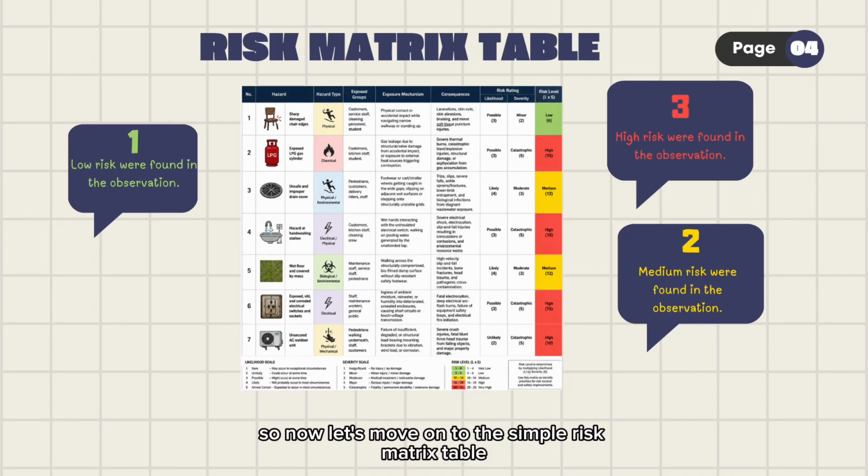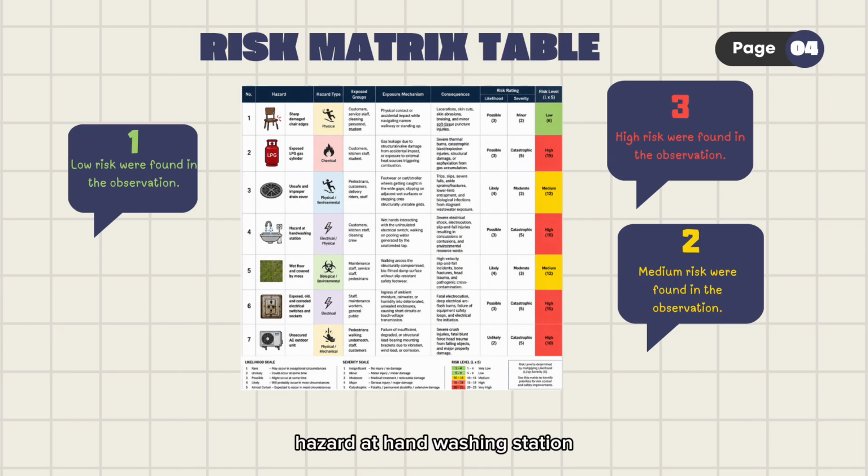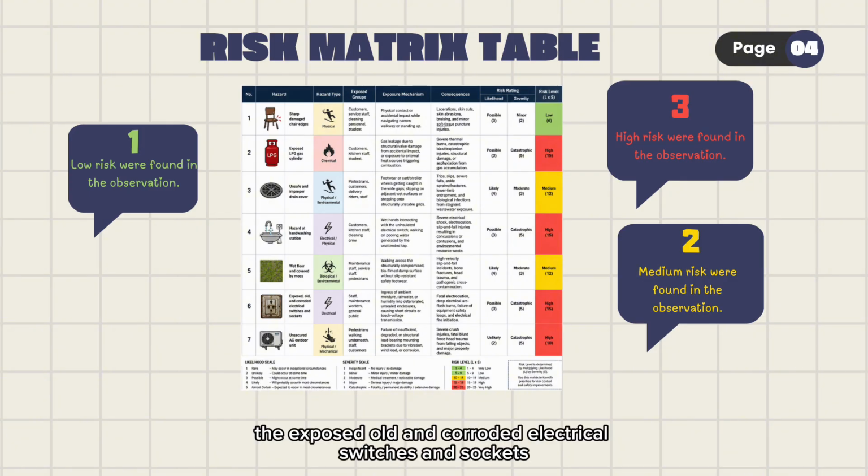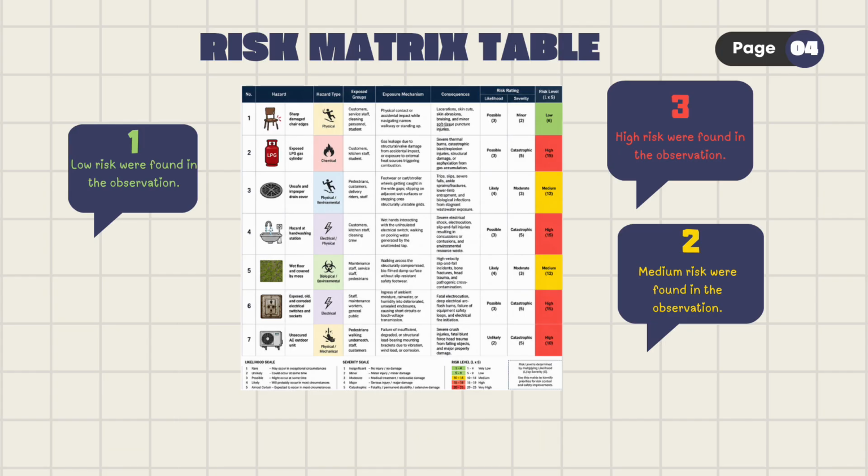So now, let's move on to the simple risk matrix table. We discovered that the high-risk hazards are the exposed LPG gas cylinder, the hazard at the hand washing station, the exposed old and corroded electrical switches and sockets, and the unsecured AC outdoor unit.